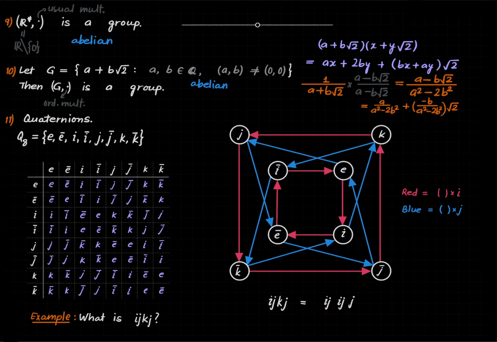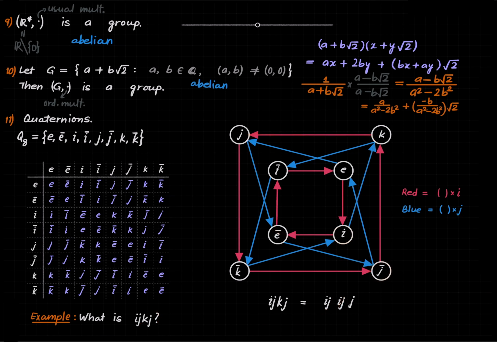So I'll start at I. Now I'm multiplying I on the right by j. Multiplying on the right by j is just following the blue arrow. So I follow the blue arrow. Now I'm multiplying the result by I on the right, so I'll follow the red arrow. Then I'm multiplying the result on the right by j, so I'll follow the blue arrow. And then finally with the j, I'll follow the blue arrow. I end up at j bar, and that is what we got here also.